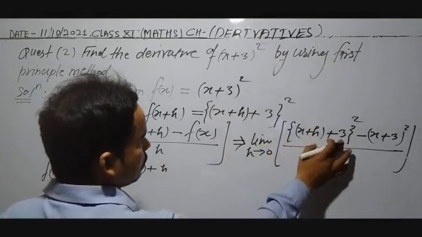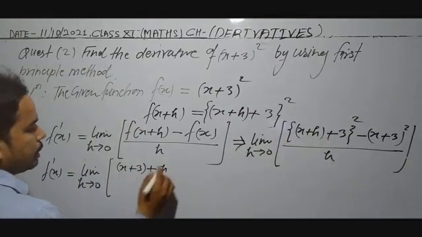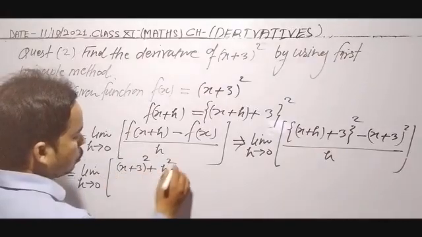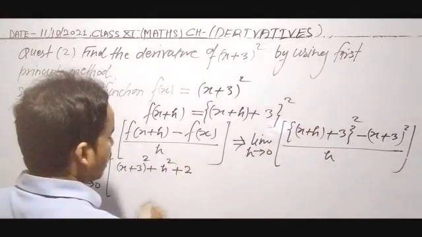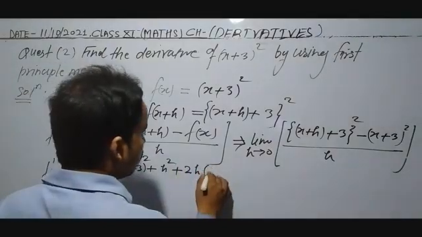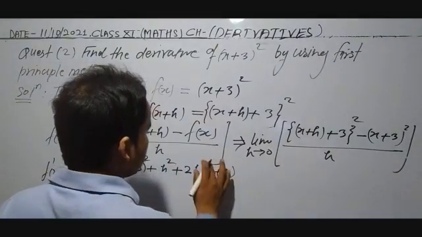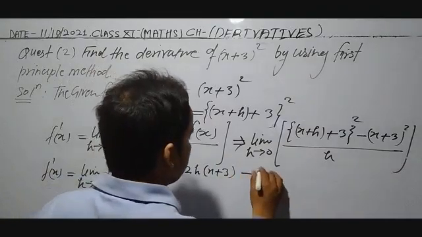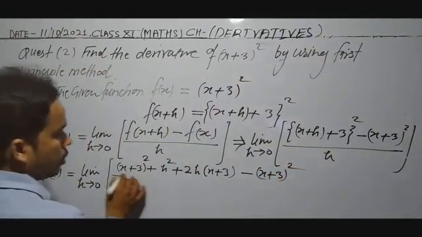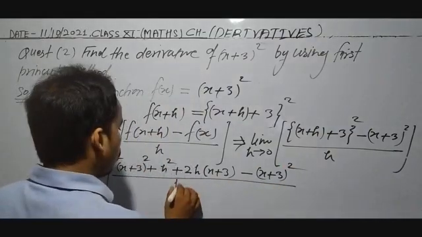X plus h plus 3 we can write (x plus 3 plus h) whole square. Now (x plus 3) whole square plus h square plus 2 times h (x plus 3), and minus (x plus 3) whole square whole upon h.